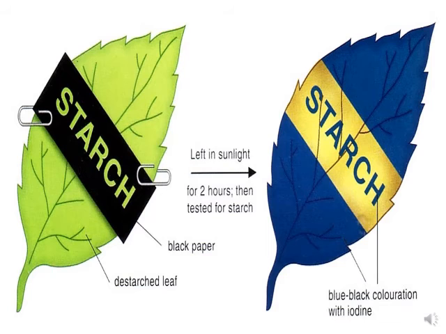So here we have two plants. One of them has a part covered by black paper. It is left in sunlight for 2 hours. Then we test for starch. The part covered by the black paper shows a yellow color with the iodine test.